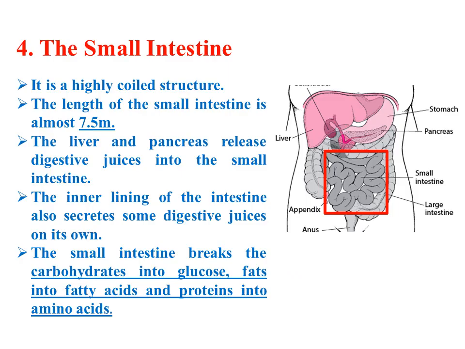Let's come to the fourth part of the digestive tract, that is the small intestine. It is a highly coiled structure. You can see the picture that I have marked with a red rectangle-shaped box. The length of the small intestine is almost 7.5 meters. Can you imagine that?